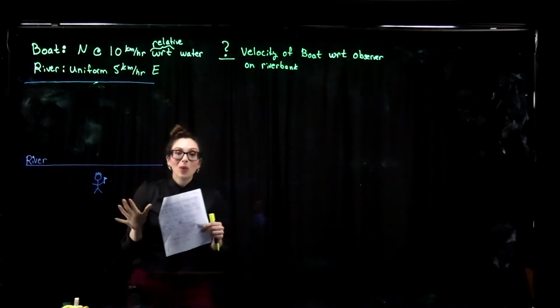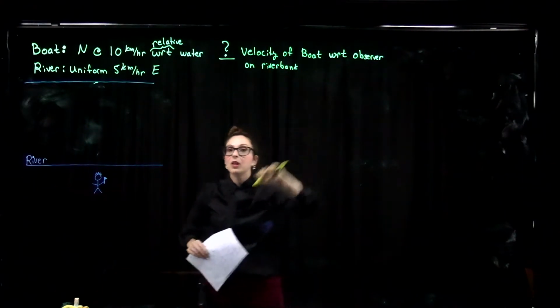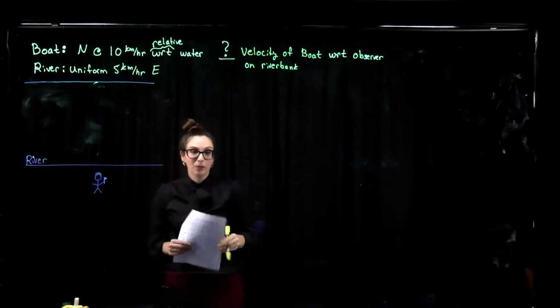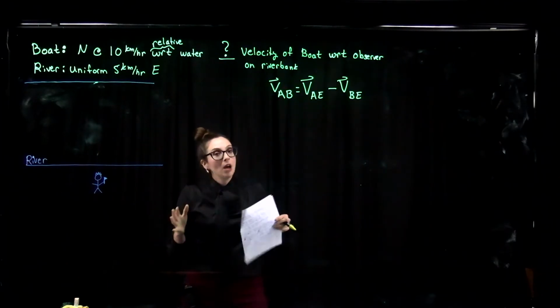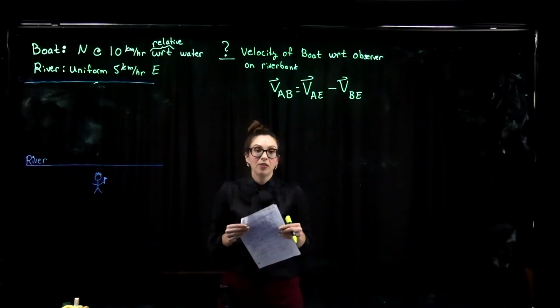Okay, so what we have to do is figure out the velocity of our boat relative to our observer on the riverbank here. Okay, to solve this problem, we are going to use the equation that we just talked about for relative velocity.